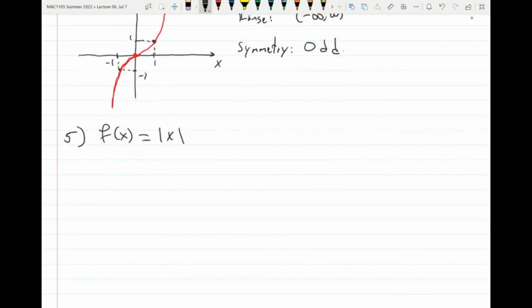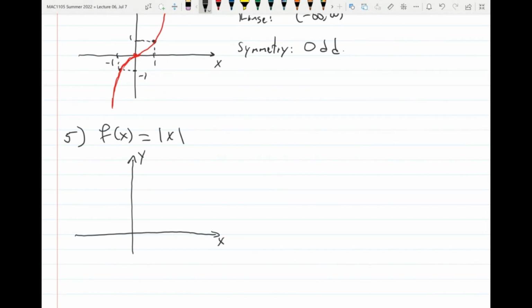So that means that this has a special shape. What's the shape of this? What is it? It's a V shape. Why is it a V shape? Because this is a combination of two functions, okay? When x is positive, this is the function y equals x, which is this piece of the line.